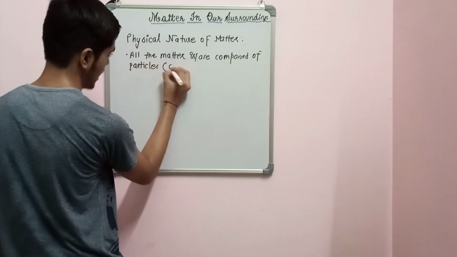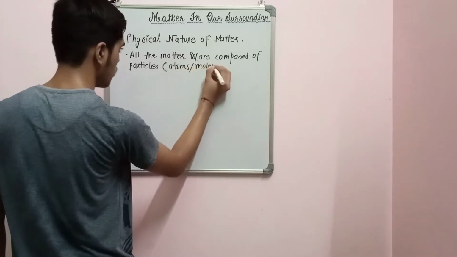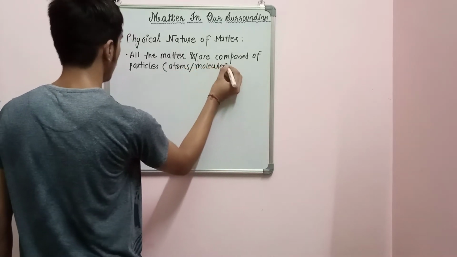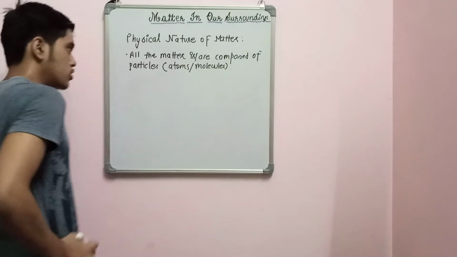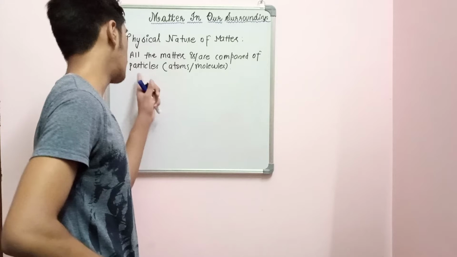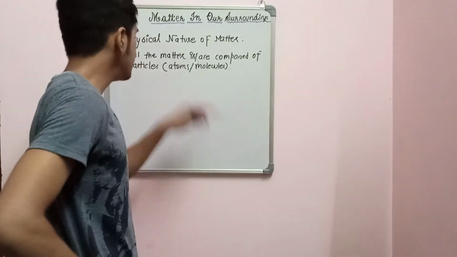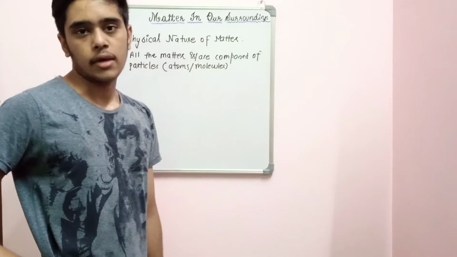And what are the particles? Atoms, molecules, right? So the physical nature of matter tells you that all the matter around you, whichever you are seeing, is made up of atoms or say particles, and these particles are constantly moving.